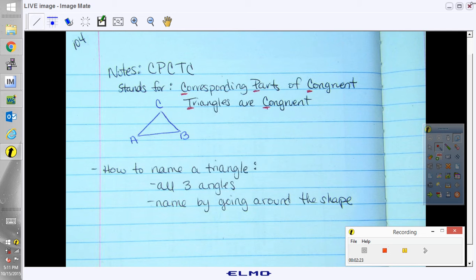So let me write that down. So this could be angle CAB, or it could be angle BAC. And then you'll notice here that angle A is in the center. Whatever angle it is that you're referring to, if you're using 3 letters, it needs to be located in the middle. Okay, so if we wanted to name angle B in another way, one way would be to name CBA, or in the opposite direction it could be ABC.